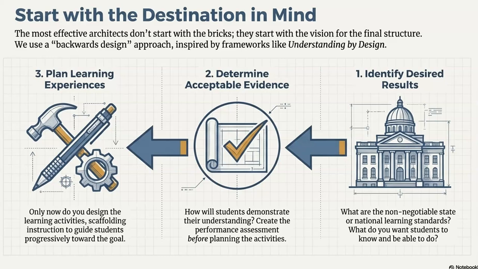Once we've decided what we expect students to be able to do, we decide how students will demonstrate that. How do we create a performance assessment where we can actually see if students are capable of doing it? And then how do we design activities that align with getting students to the end goal?